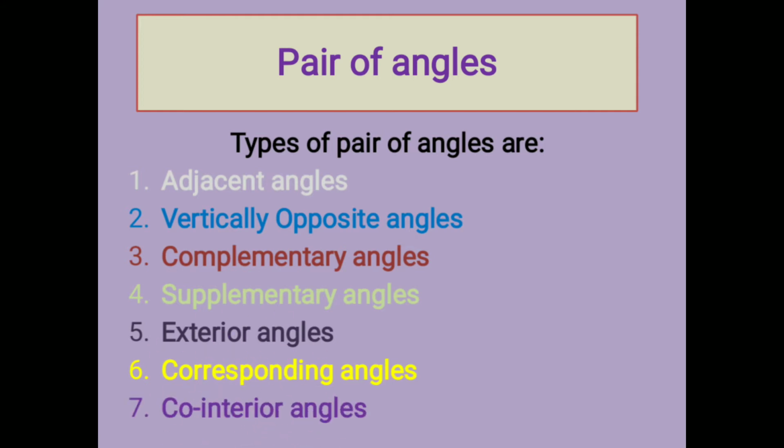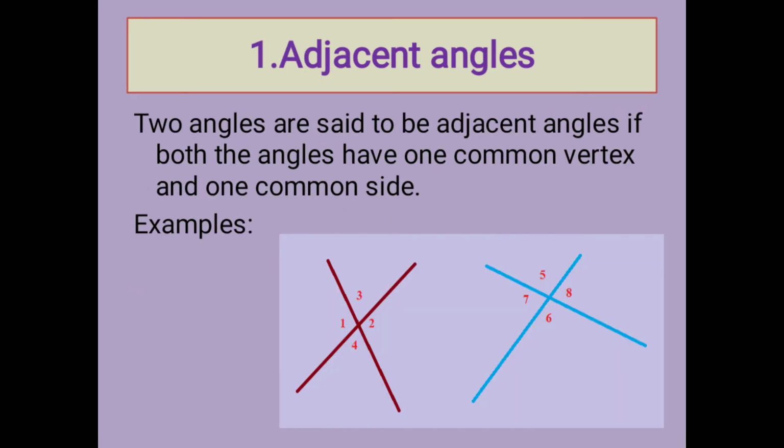First of all, we will discuss adjacent angles. Any two angles are said to be adjacent angles if both of the angles have one common vertex and one common side.